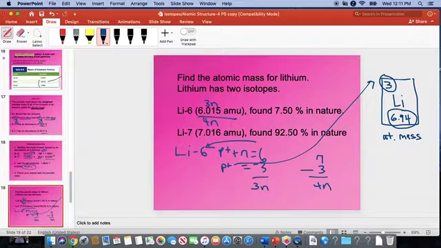We add them together, and we should get this number down here. If they were to put a unit here on the periodic chart, sometimes they do, they would say the weighted average of all the isotopes is 6.94 AMU, or you can abbreviate it with just U. So pause the video and try this one on your own and see if you can get 6.94.